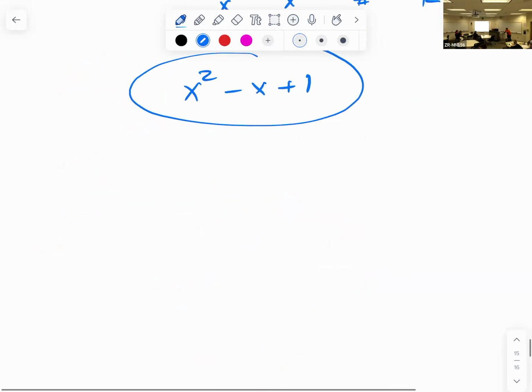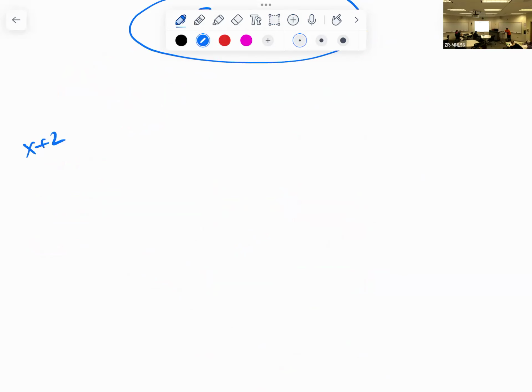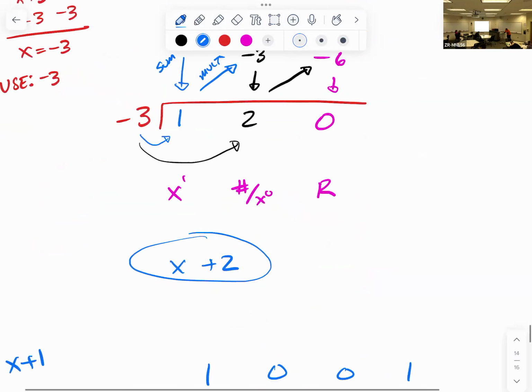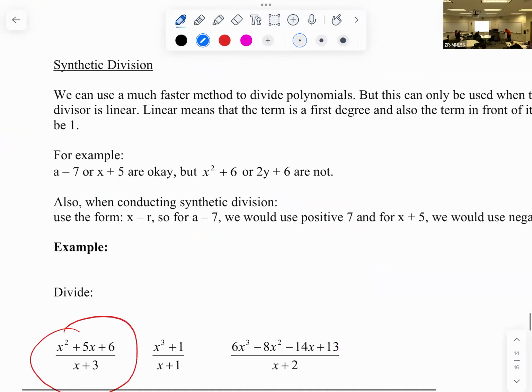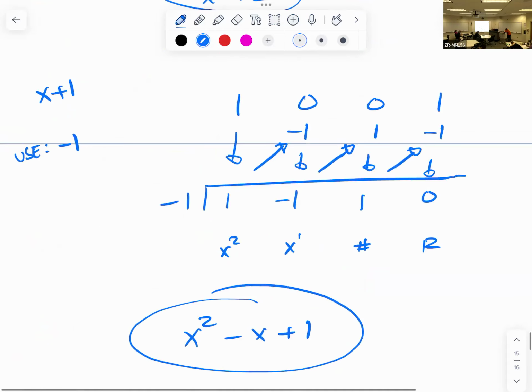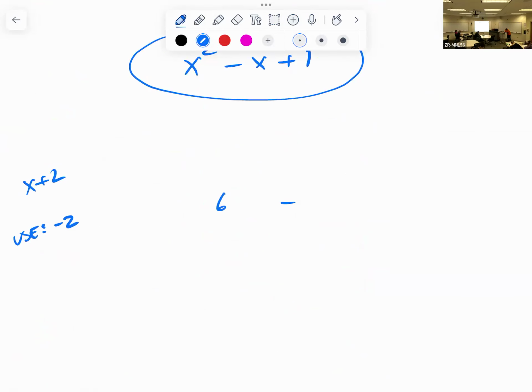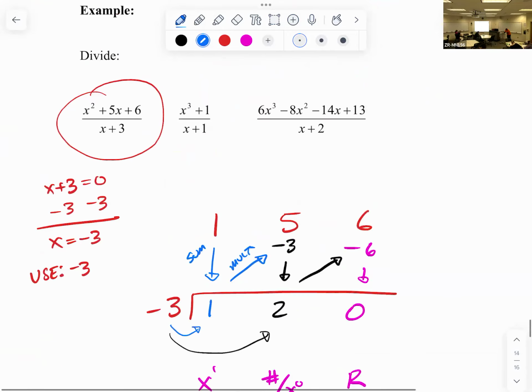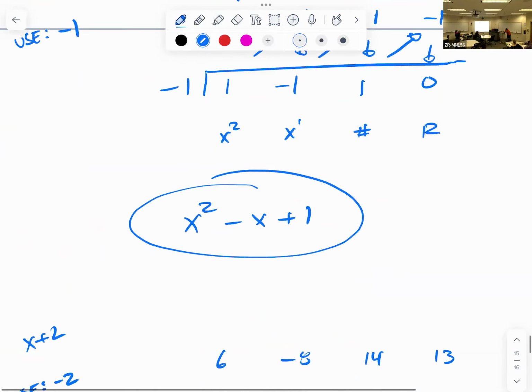Okay, so x plus 2, start there. That means we use -2. Everyone's all over that part. Okay, 6, -8, -14, 6. One of those was negative, -14. And -8.